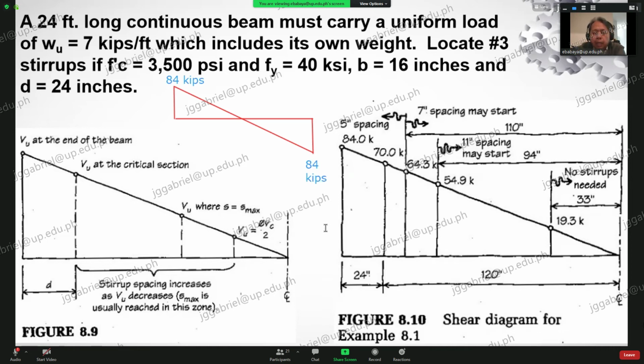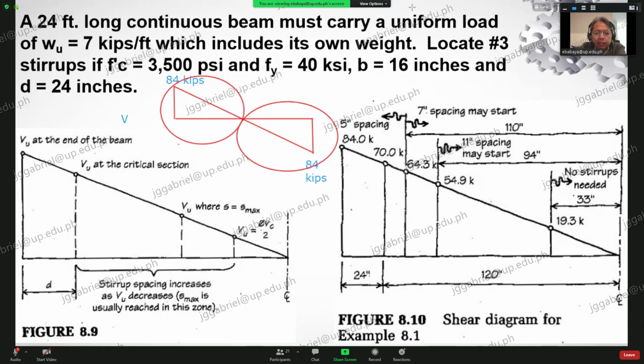Now, if you look at the shear diagram, it is symmetrical. The advantage of a symmetrical shear diagram is you just work on this part, and whatever is the spacing here in the left portion of the beam, we also implement on the right side.